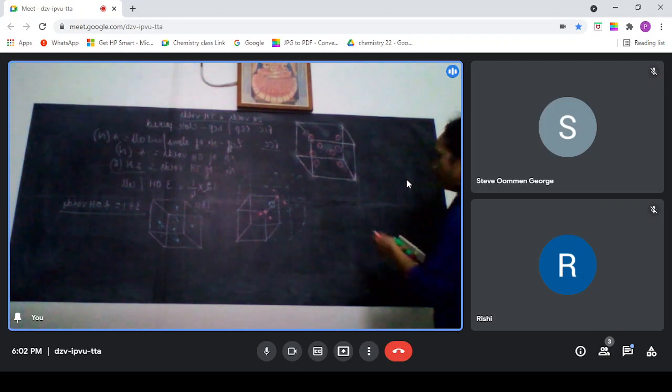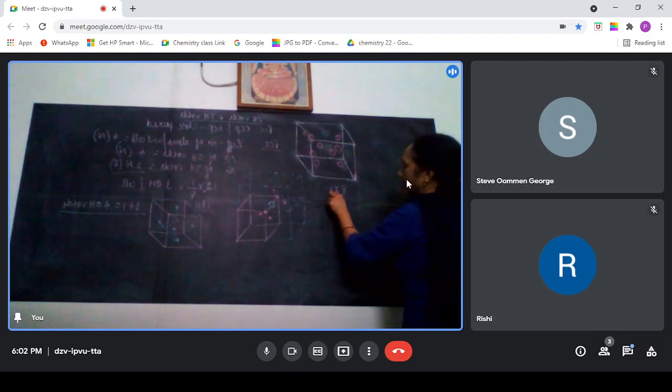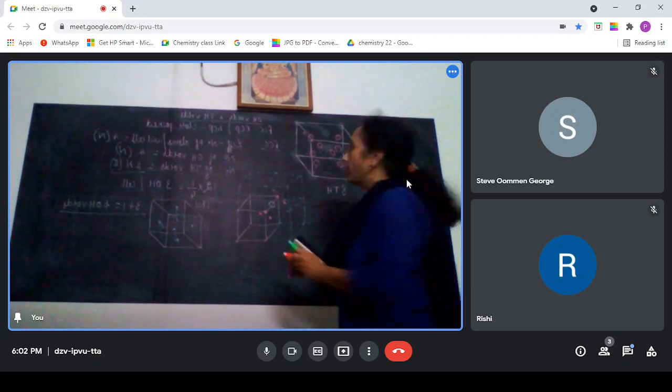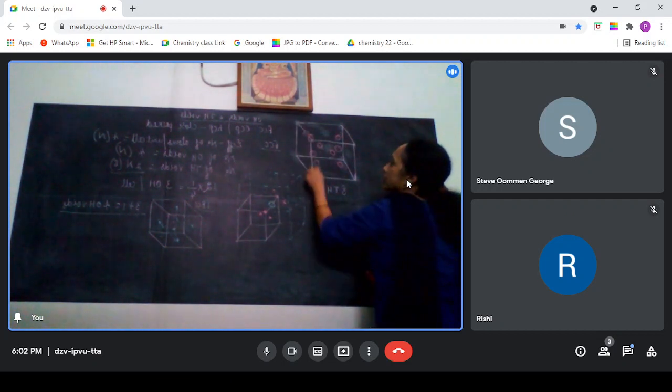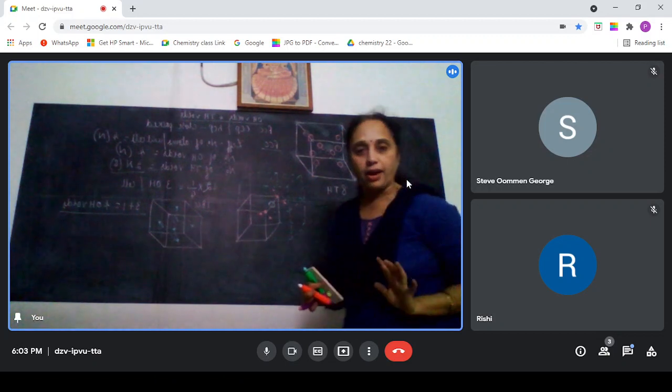So you will have 8 tetrahedral voids. For every corner particle at 1/4 distance, you will have one tetrahedral void.